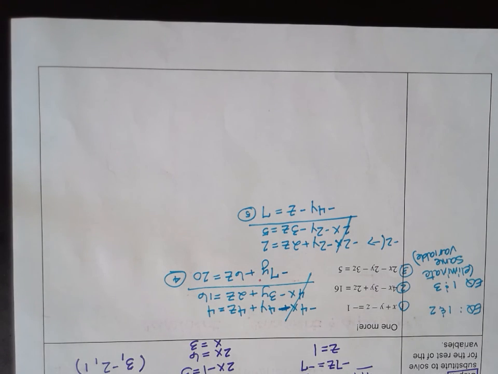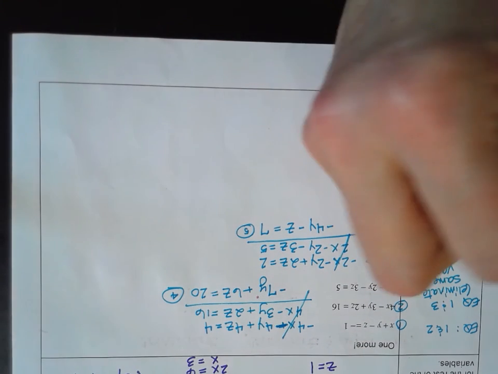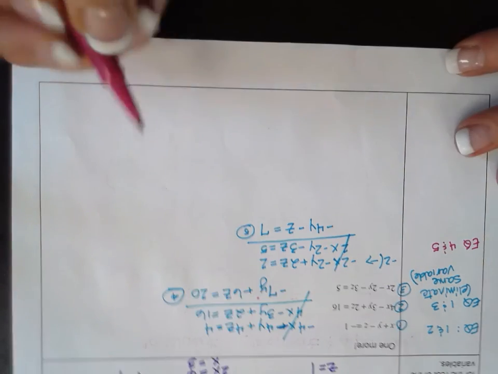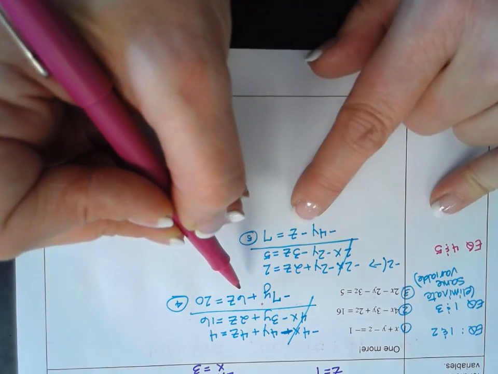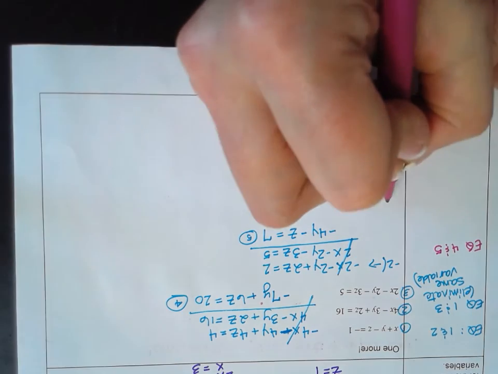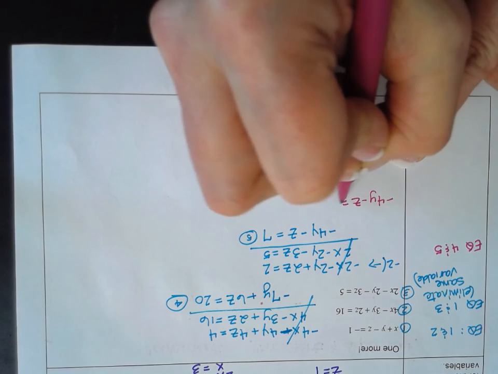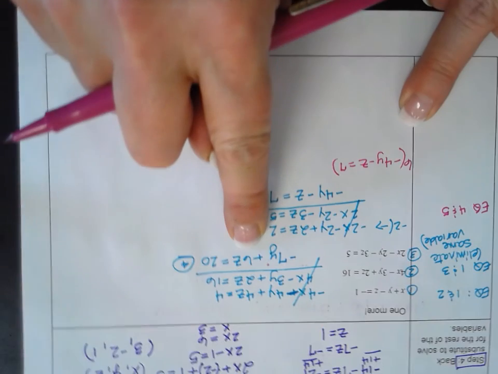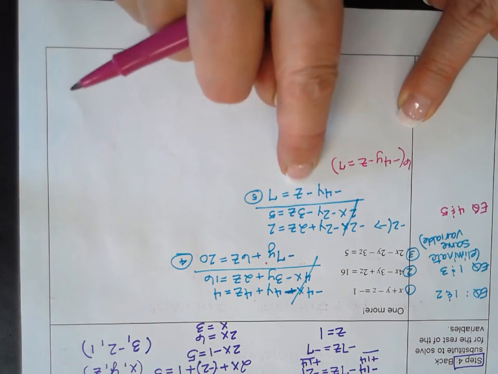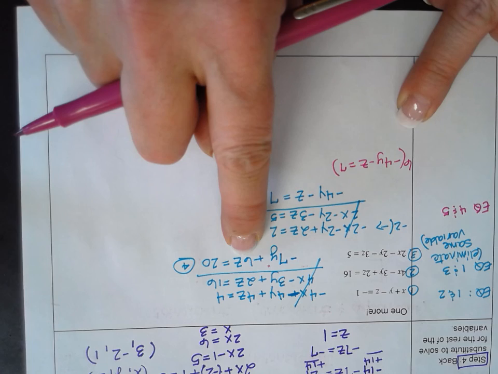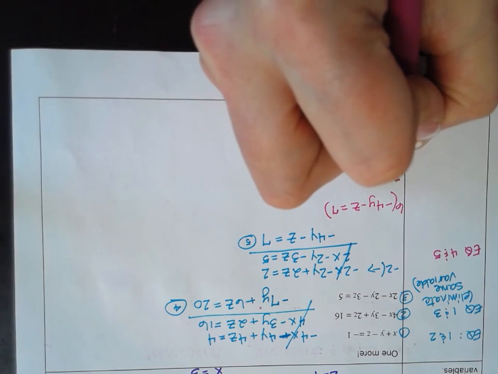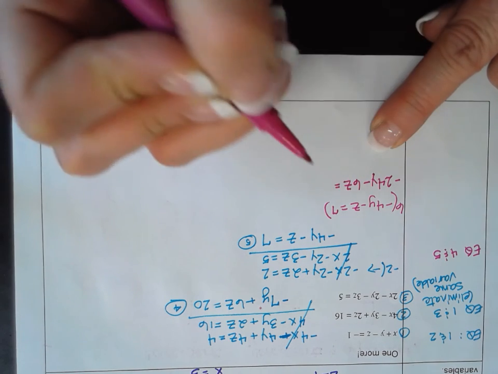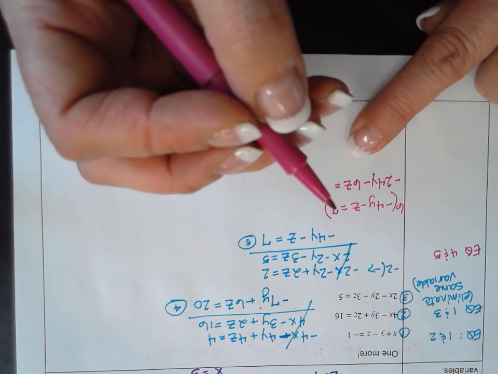All right, now I'm going to use equation 4 and 5. So I'm going to multiply equation 5 by a 6, so I can get rid of z. So I get -24y minus 6z is equal to, what's 7 times 6? 42.